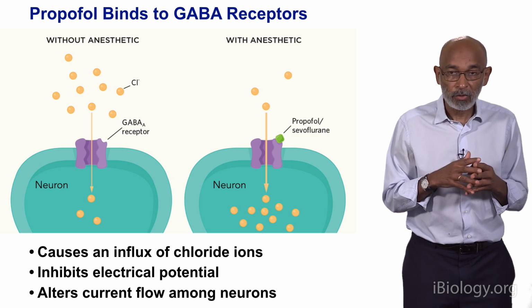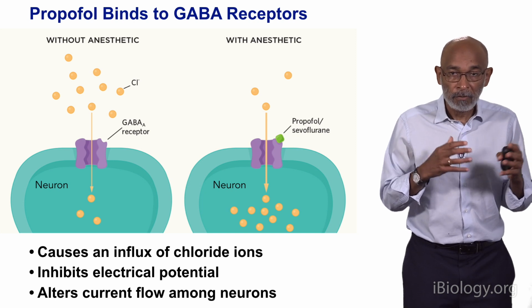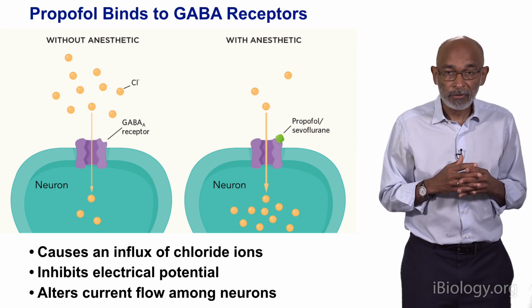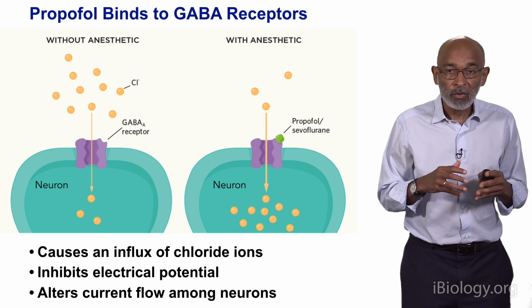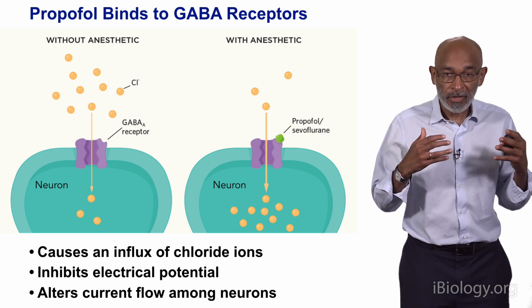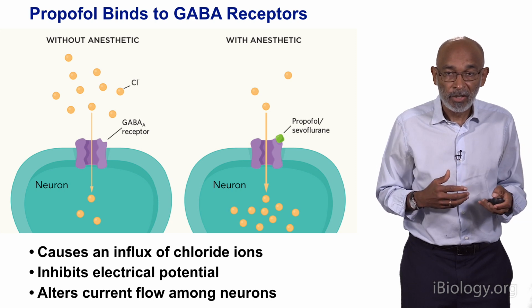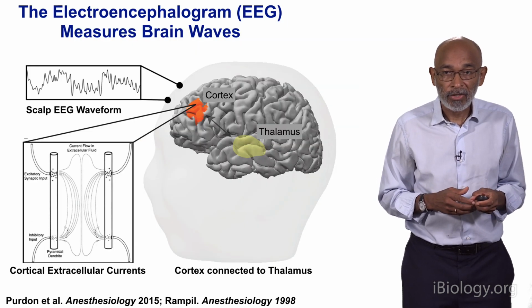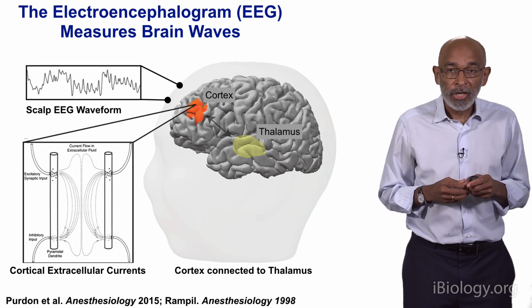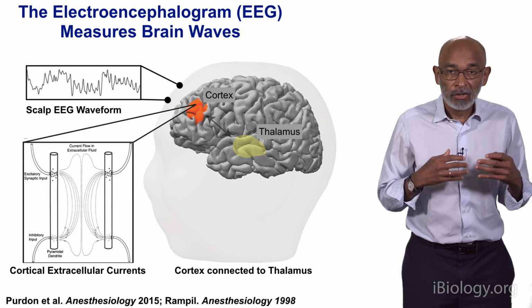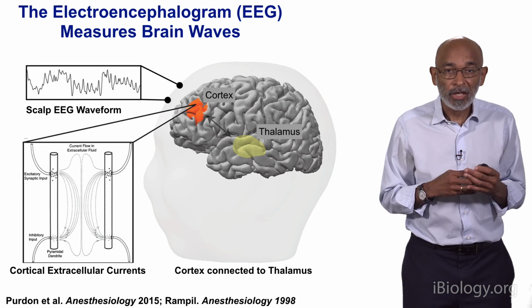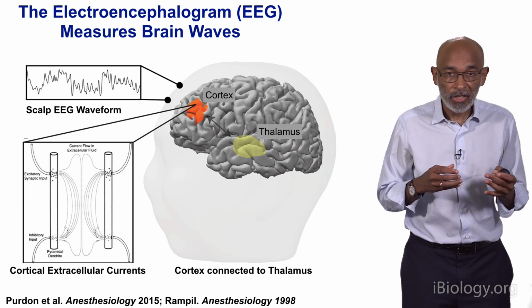It binds at other sites as well, but let's say that both of them bind to GABA receptors. Now what's going to happen is the dynamics of the brain activity are going to change. And let's take a look at what that's going to look like. So here I've put up a schematic to show you what brain waves look like. We call it the electroencephalogram, or the EEG.